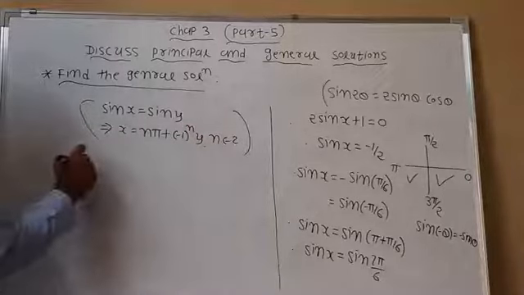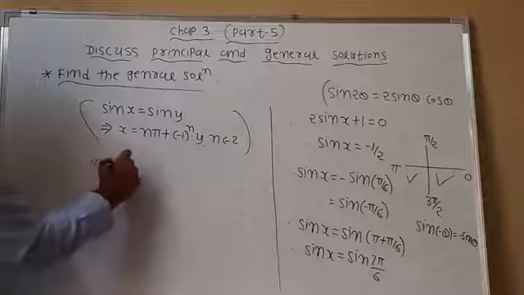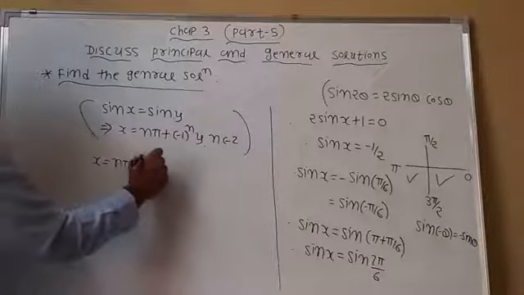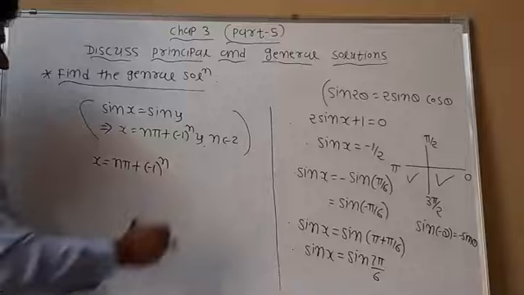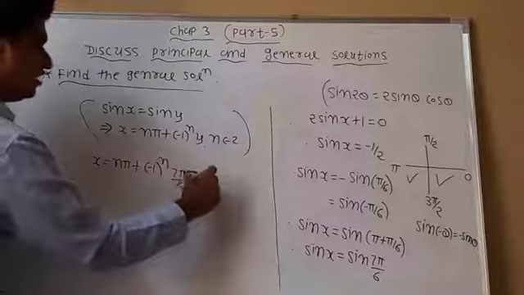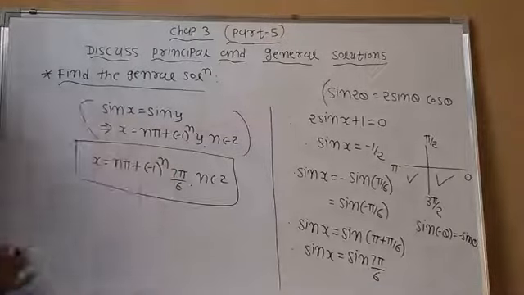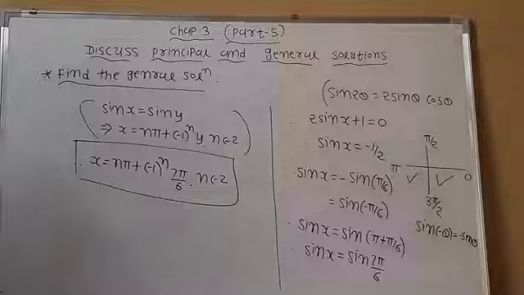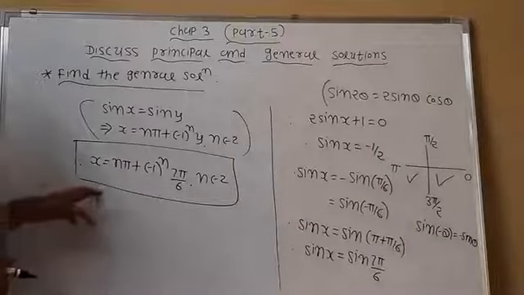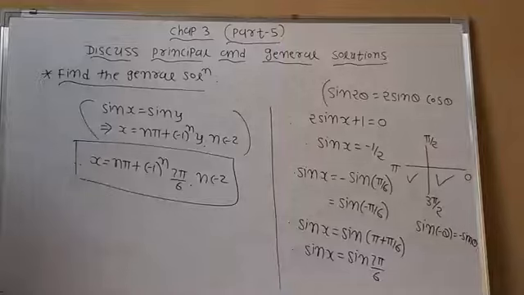So we get the answer: x is equal to n pi plus minus 1 raised to n, 7 pi by 6, small n belongs to Z. So here we get the general solution: x is equal to n pi plus minus 1 raised to n, 7 pi by 6, small n belongs to Z.